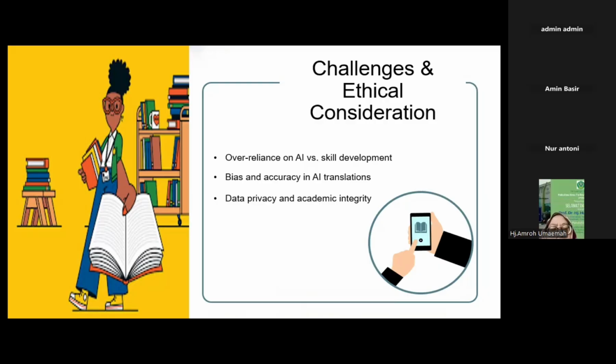And then data privacy and academic integrity. Well, it's an issue, especially in Indonesia, about data privacy. So we limit the translation data, with AI as our assistant. So we don't input all our information there. We share only the important part. And then academic integrity.